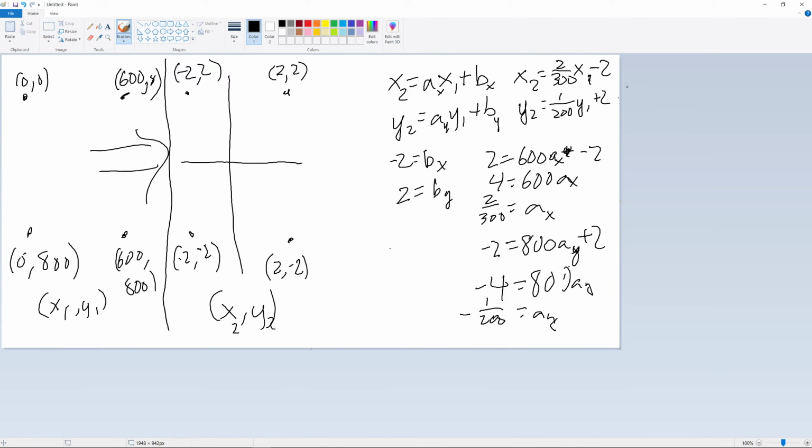So we use this coordinate, and this coordinate, and this coordinate, and this coordinate to solve the equation.